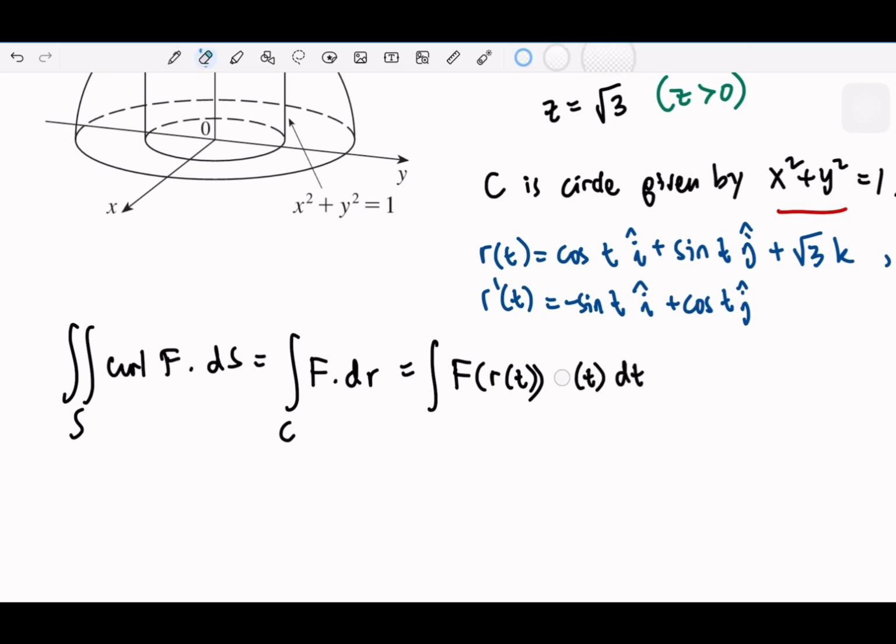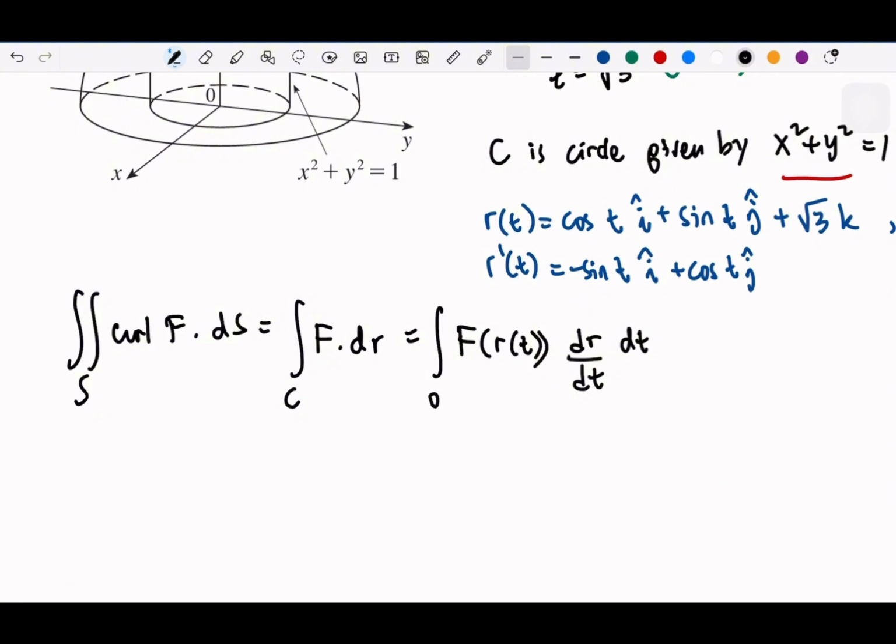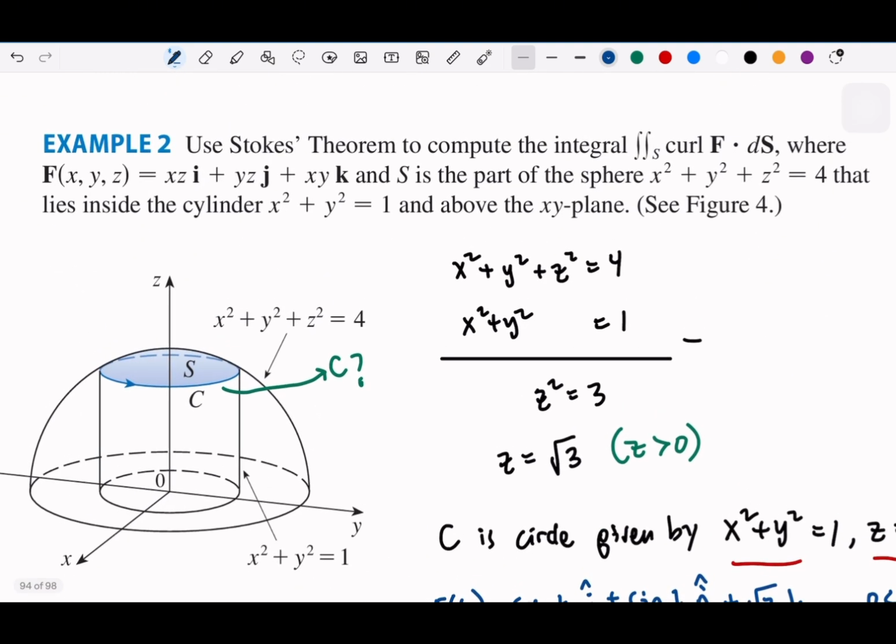Or if you want to write it more clearly to see the chain rule, then it will be very obvious. But then we define t from 0 to 2 pi, so we need to define the parameter first for this line integral. And since F is defined in the example here, we can rewrite xz, yz, xy, they are all in terms of polar now.